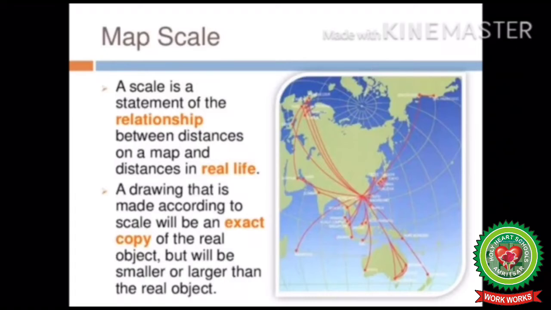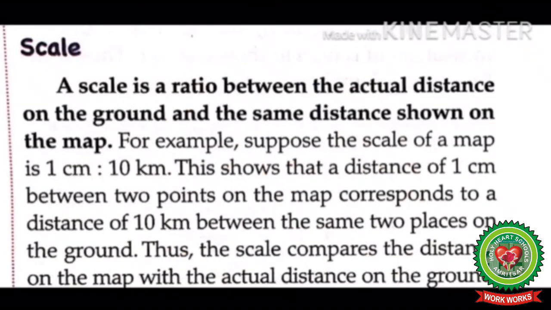A drawing that is made according to the scale will be an exact copy of the real object, but will be smaller or larger than the real object. Scale. A scale is a ratio between the actual distance on the ground and the same distance shown on the map. For example, suppose the scale of a map is 1 cm ratio 10 km.